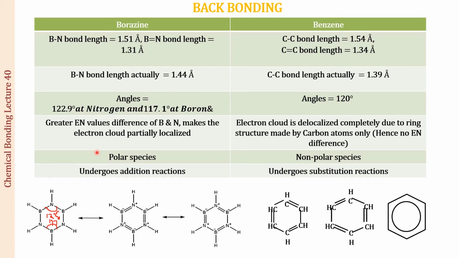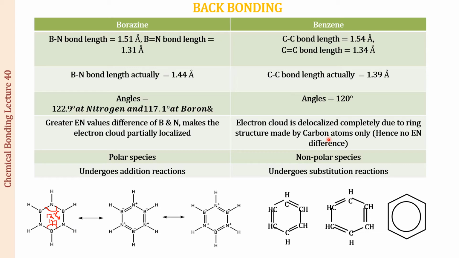And the next difference you can see in the case of borazine and benzene is that boron and nitrogen are different elements. They have different electronegativity values. This makes the electron cloud partially localized, whereas in the case of the benzene ring, all the atoms forming the ring are carbon atoms.